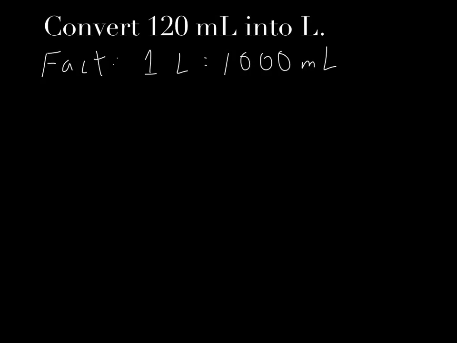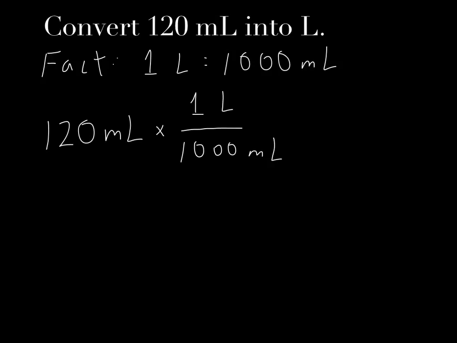What I'm going to start with is what we know we have, which is 120 milliliters. 120 milliliters times, now which way do I want the ratio? Well, I need something that's going to cancel out my milliliters, boom, boom, gone. So that means I need 1 liter on the top and 1,000 milliliters on the bottom.